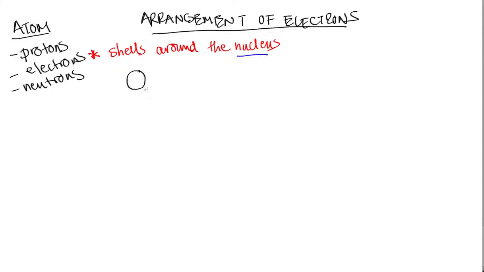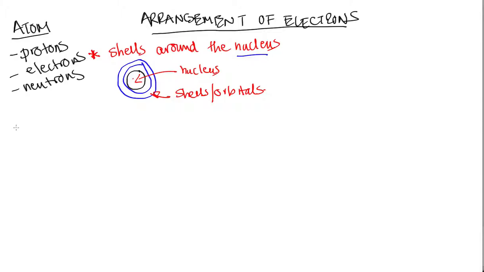You've got the nucleus, and then you've got the shells, which are around on the outside, and there are as many shells as are needed for the number of electrons which are there. So this one only takes, that's the nucleus, and these are the shells or orbitals.